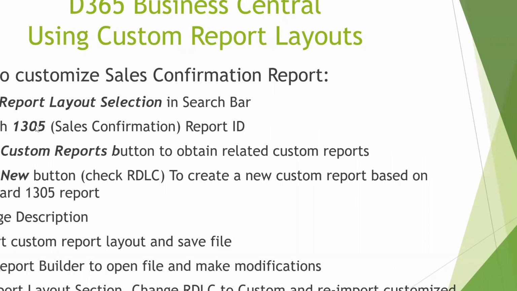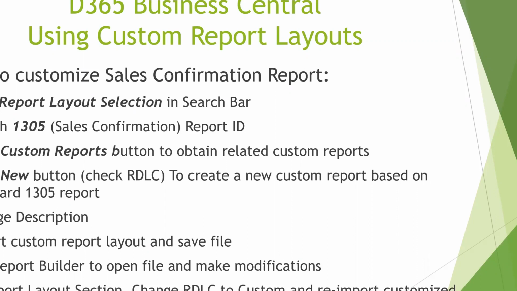So this is our final screen before we go into our demonstration. What are the steps, you may ask, if we're going to customize any of our reports? For our example, we'll be using what is called a sales confirmation report.